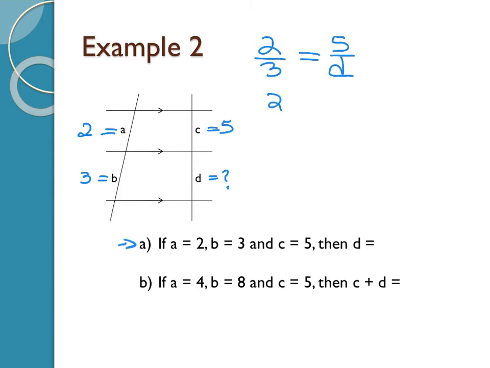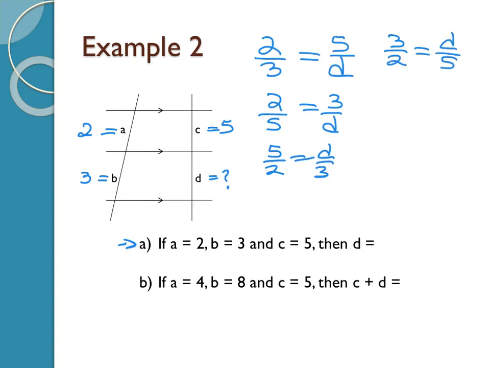I could do 2 over 5, 3 over D. I could flip it and say 5 over 2, D over 3. I could flip this one and say 3 over 2, D over 5. Any of these are going to work.